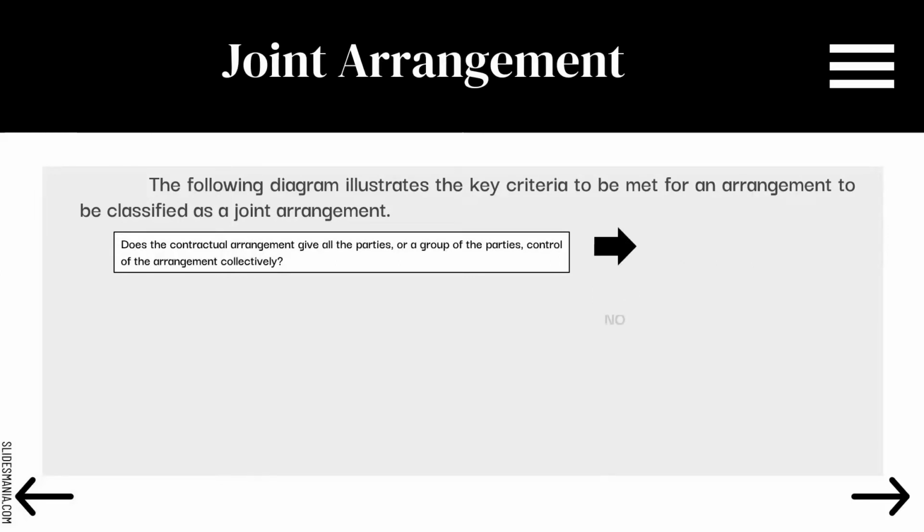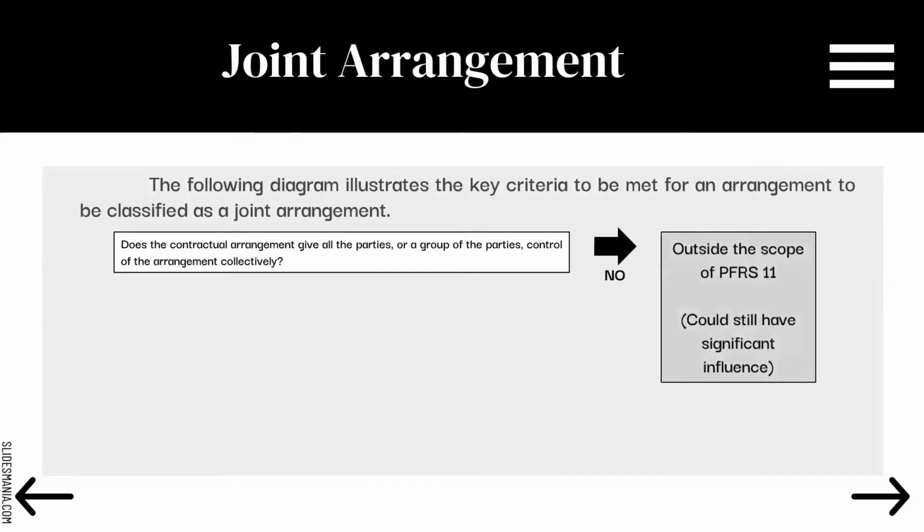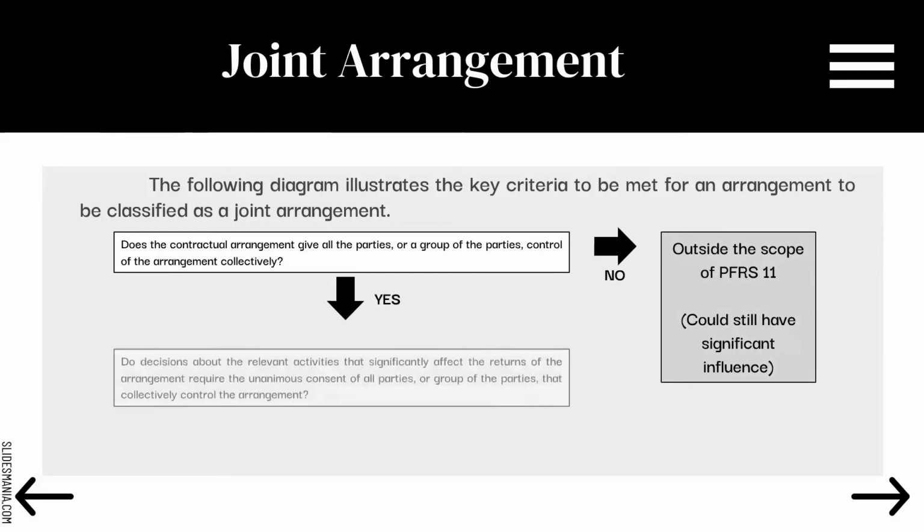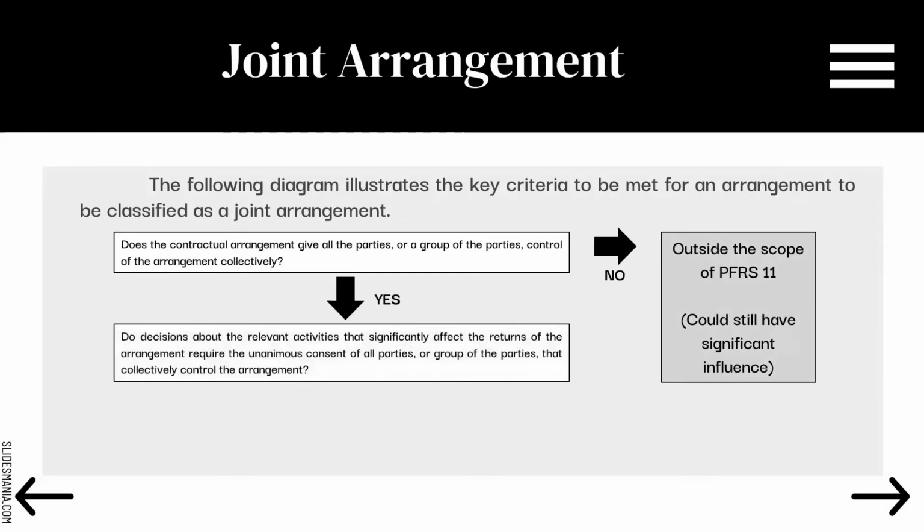If no, outside the scope of PFRS 11. If yes, tignan natin ulit. Do decisions about the relevant activities that significantly affect the returns of the arrangement require the unanimous consent of all parties or a group of the parties that collectively control the arrangement?